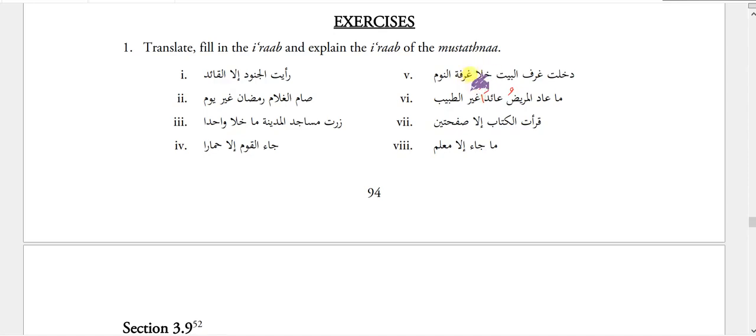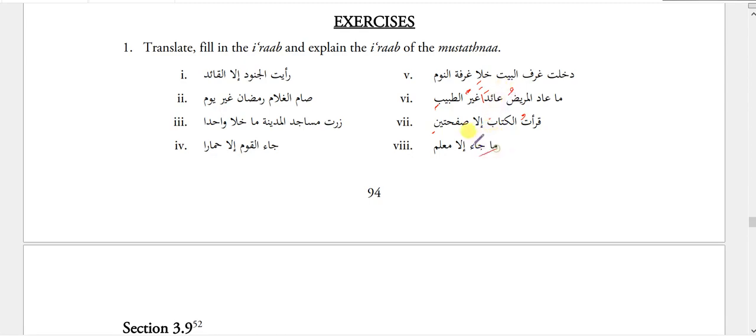Aidan ghayra tabibin, the patient did not return except the doctor. Qara'tu al-kitaba, I read the book, illa safhatayni, except two pages. It means I read only two pages.